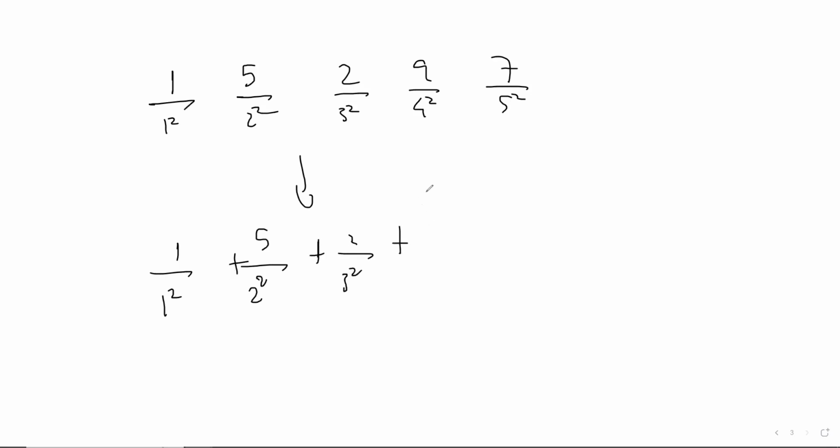Now when you put 4 square, I don't want 9. I want something less than 5. Is there something less than 5 which is left? Yeah, 3. Put 3. I'm just doing that, nothing else.